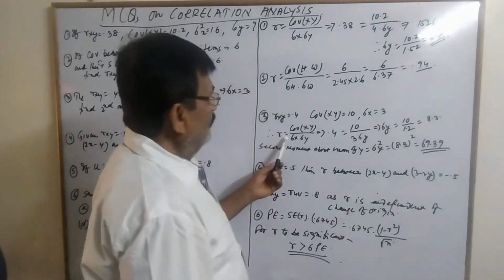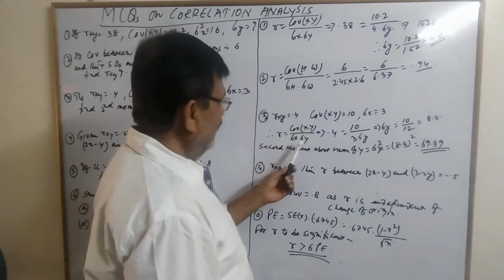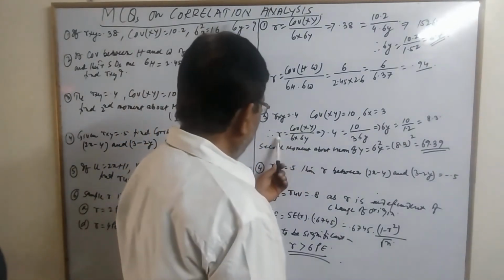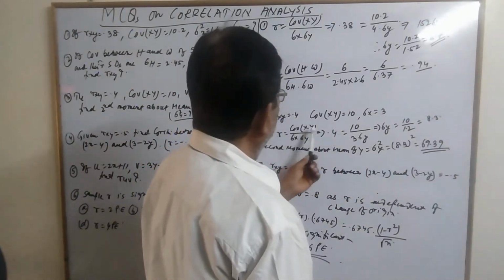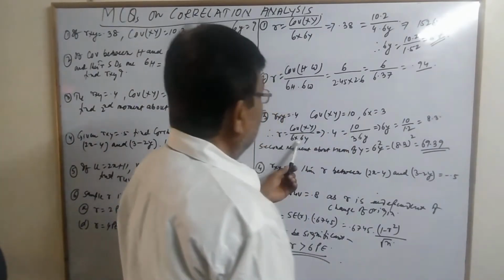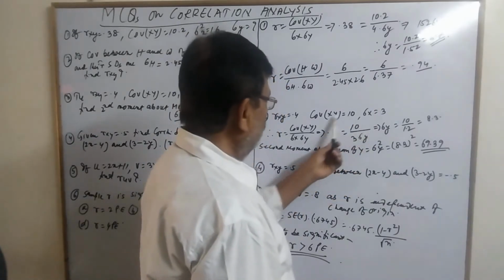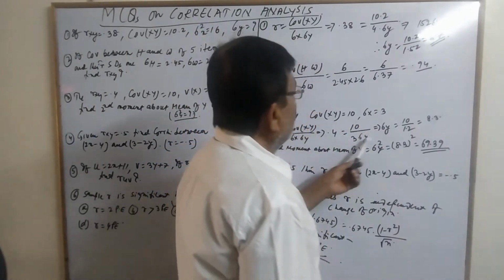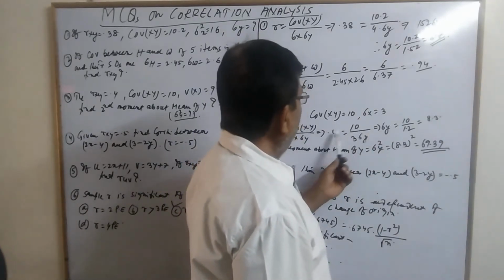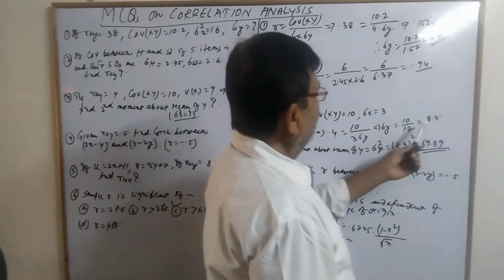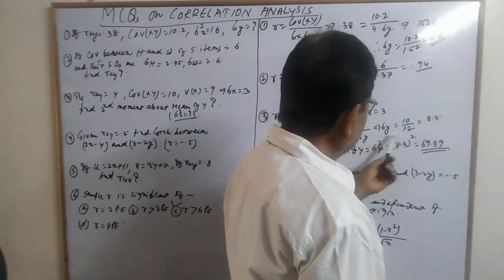So R equals covariance xy by sigma x sigma y. We substitute all the values: 0.4 equals 10 upon 3 times sigma y, where sigma y has to be calculated. So from this equality, sigma y would be 10 upon 1.2. This is the standard deviation of y.